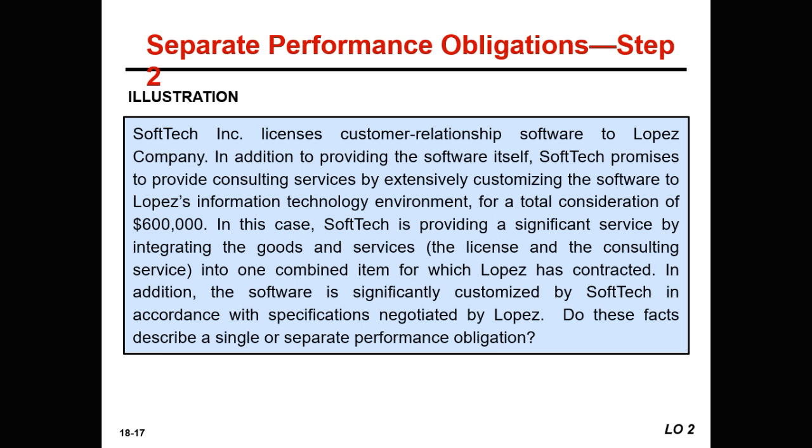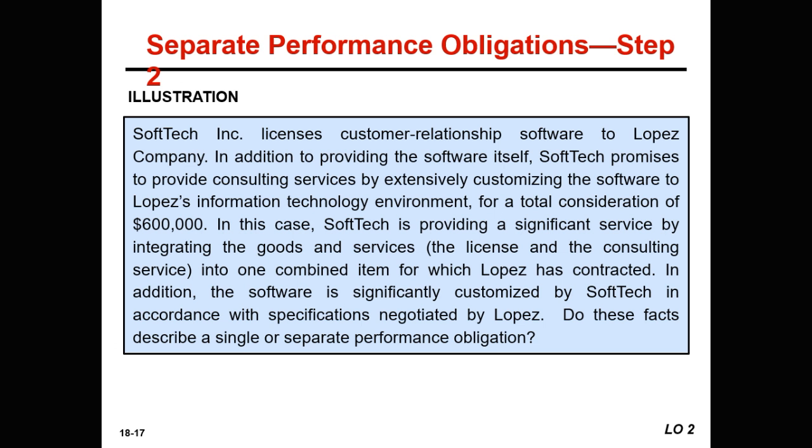At first glance, looking at it, it seems like the license and the consulting services might be separate. But the consulting services are required because of the license and the customization.